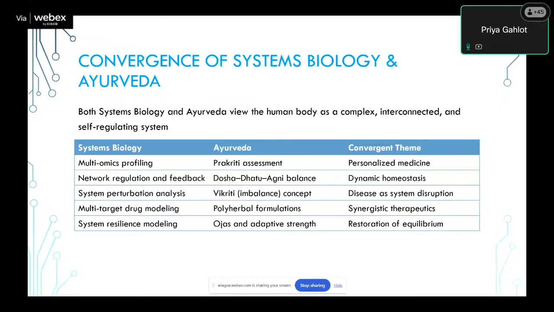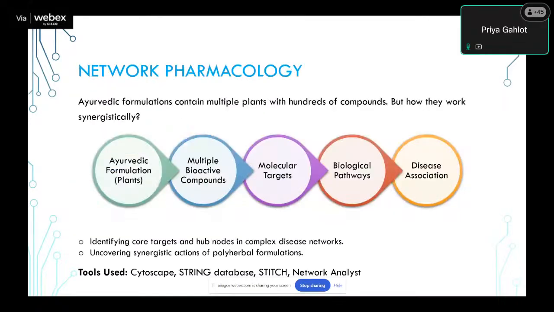Multi-omics profiling and Prakriti assessment provide a convergent theme of personalized medicine. Network regulation and feedback are related with Dhatu, Dosha and Agni balance as dynamic homeostasis. Multi-target drug modeling and polyherbal formulation in Ayurveda provide synergistic therapeutics. System resilience modeling and Ojas with adaptive strength restore equilibrium.